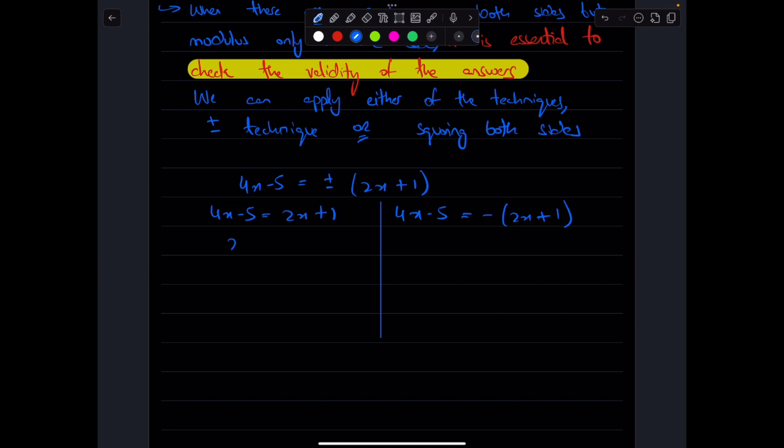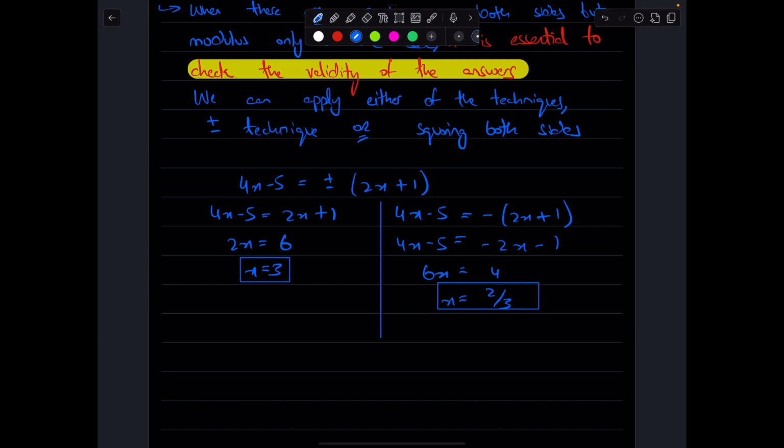So we can write this as 2x equals 6 and x equals 3. So we have one value. For the second value of x, we can write this as minus 2x minus 1 and the rest as it is. So we have 6x equals 4 and x equals 2 over 3.